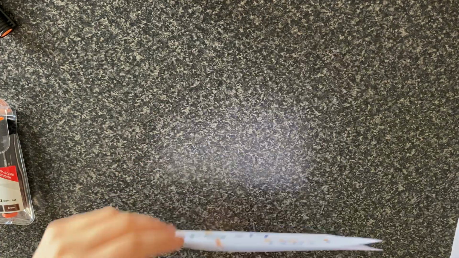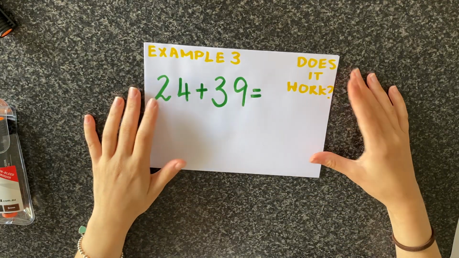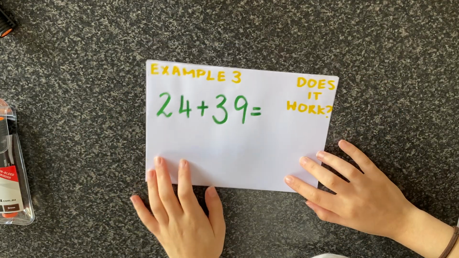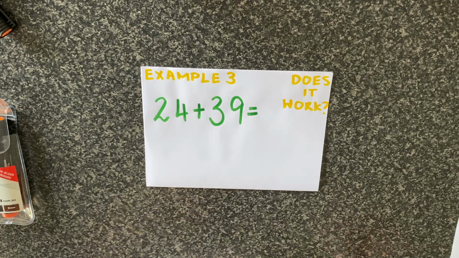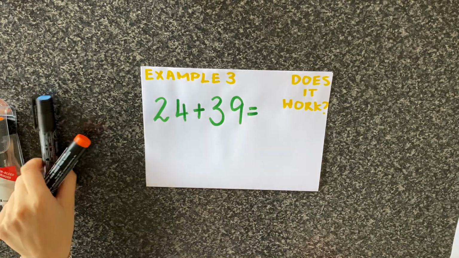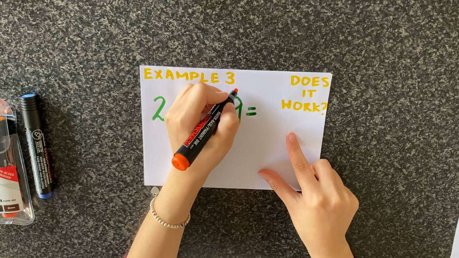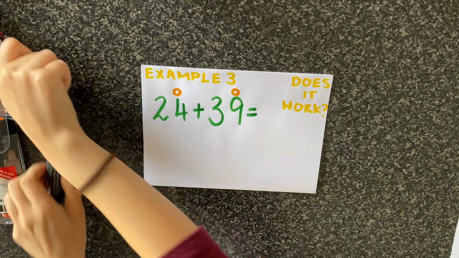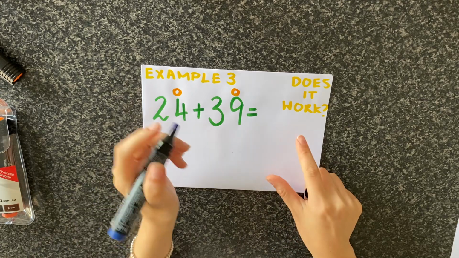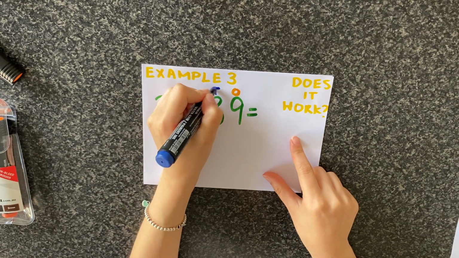All right, we're going to do another one. The next one we're going to do is 24 plus 39. Now, I want you to tell me, and we're going to look at whether this one works with our split strategy. We're going to do the same thing. I'm going to label my ones, and I'm going to label my tens. Now you can see there's 2 2-digit numbers in this one.